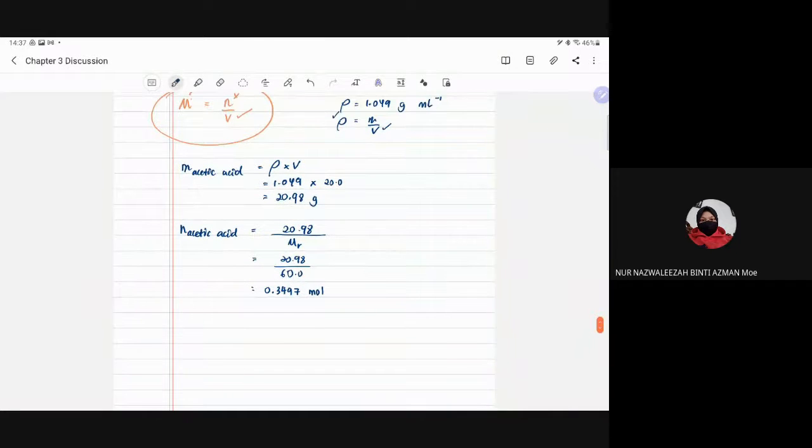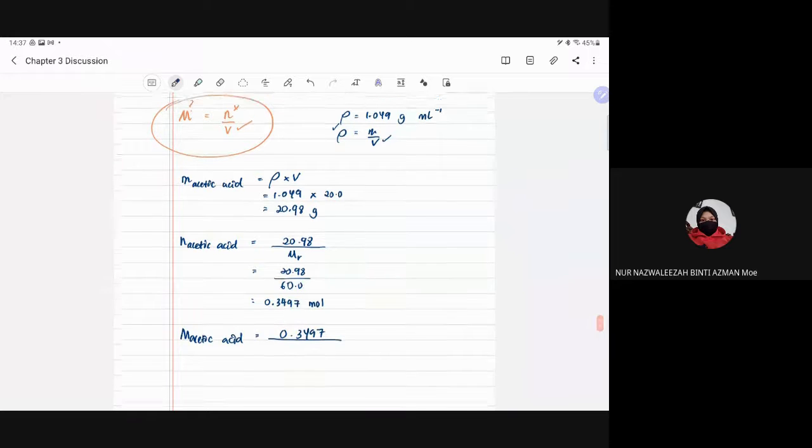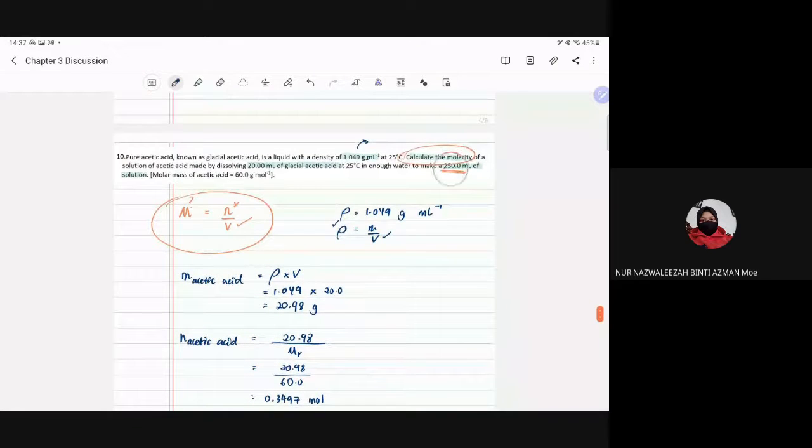Molarity of acetic acid is 0.3497 divided by the volume, which is 250 ml. But remember, this is to find molarity.